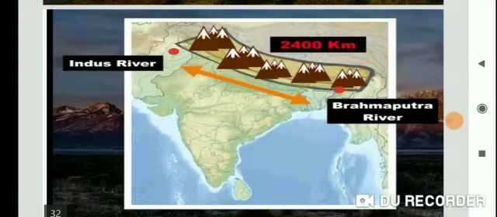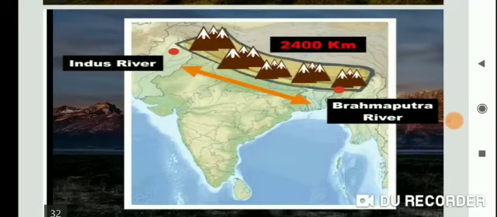See in this map, the Himalayas are geologically young and structurally fold mountains, and they stretch over the northern borders of India.